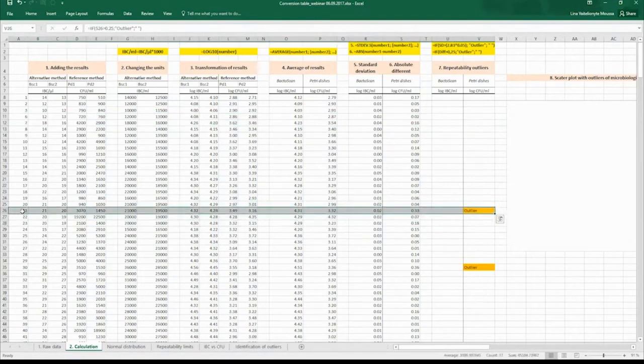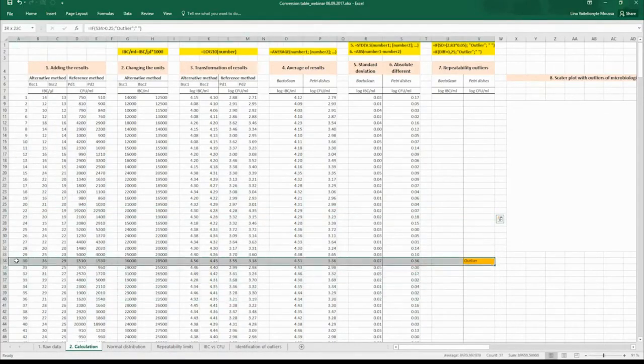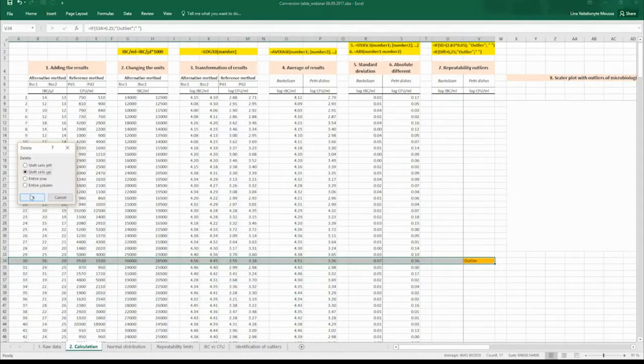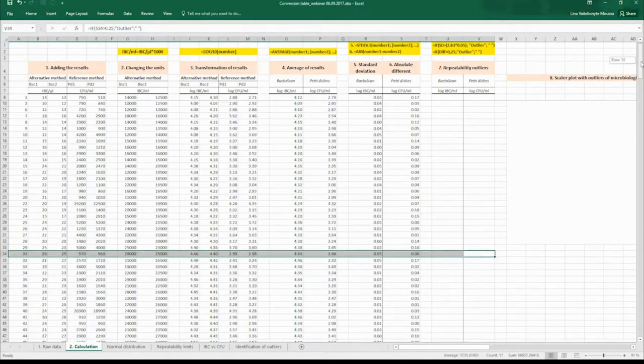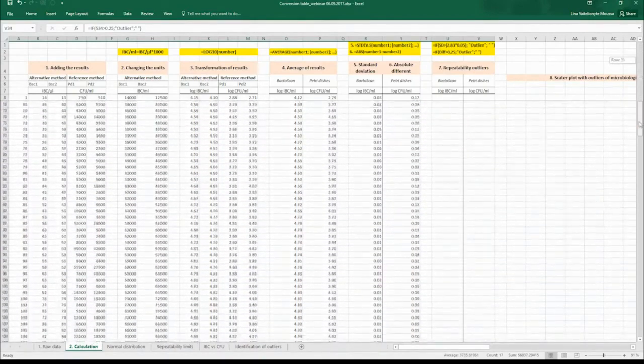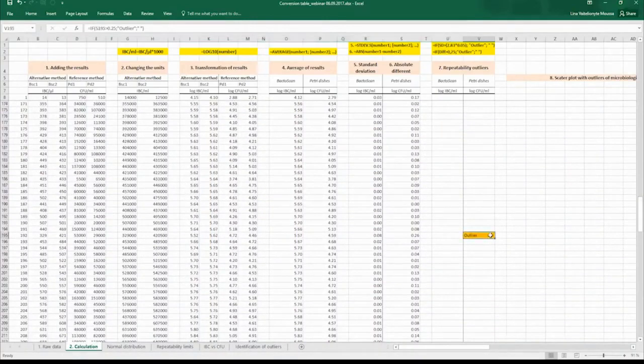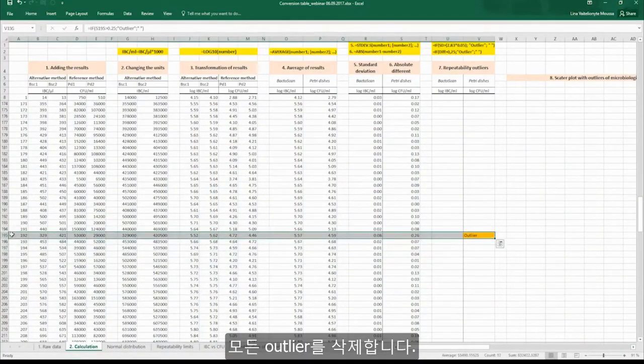Same doing. And we're deleting all lines.